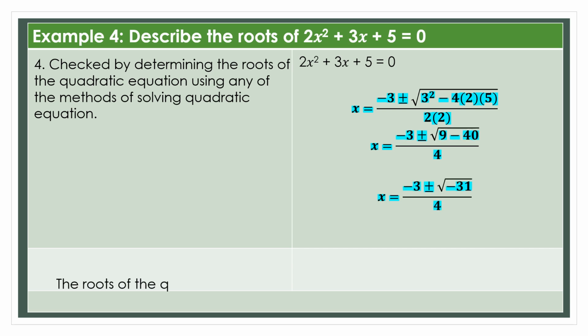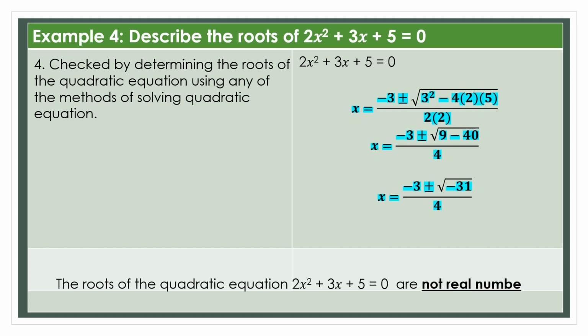So the value of x is equal to negative 3 plus or minus the square root of negative 31 all over 4. Therefore, the roots of the quadratic equation 2x squared plus 3x plus 5 is equal to 0 are not real numbers.